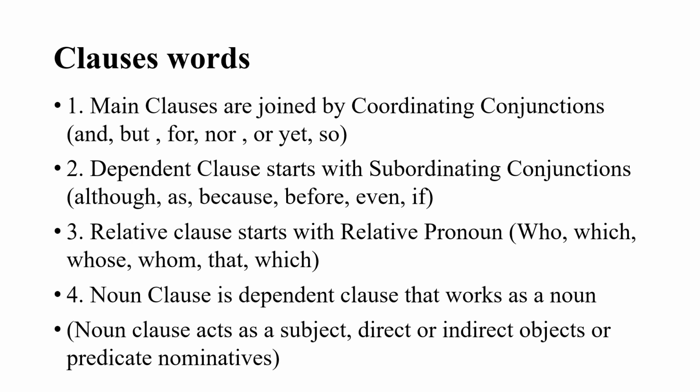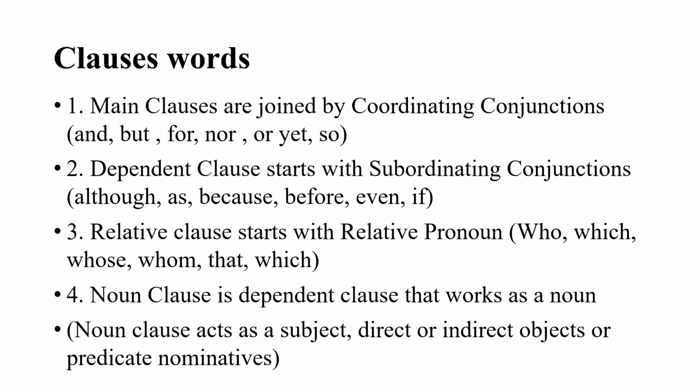Dependent clauses start with subordinate conjunctions, for example, although, as, because, before, even, and if. Relative clauses start with the relative pronoun as we have discussed in the previous slides, for example, who, which, whose, whom, and that.